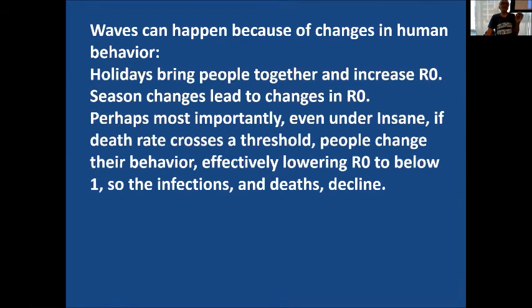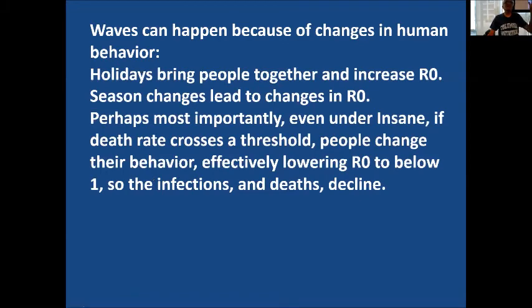But the point that I want to stress here, which we actually tried to simulate, is that even in this insane situation where so many people died under our simulation, I think it's possible that if the death rate goes above something, people will change their behavior.